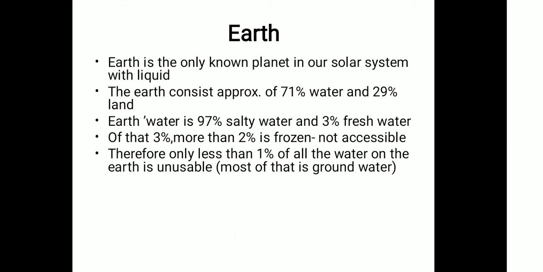Therefore, only less than 1% of the water on the earth is usable. Most of that is groundwater. Groundwater availability is less than 1% and humans use that quantity, so this is a very important point for us.